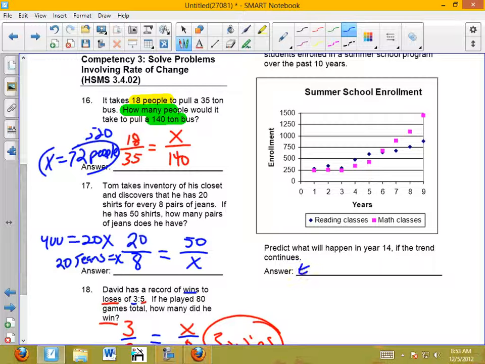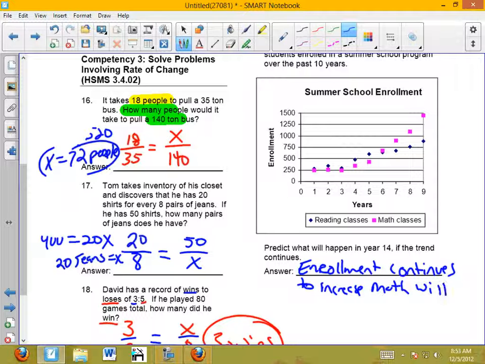So I'm going to put enrollment continues to increase. What's increasing faster? Math will increase faster. So on ones like these, you don't have to give me a number. You have to tell me what's going to happen to the trend. See the word trend?